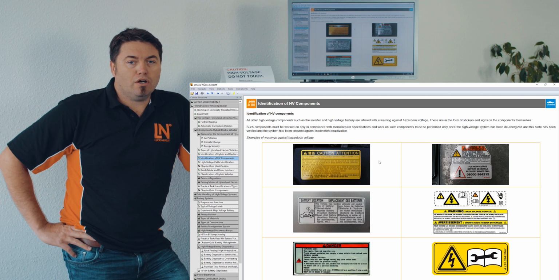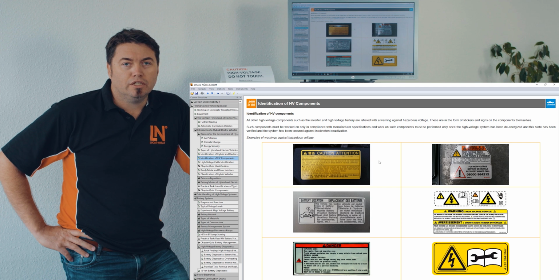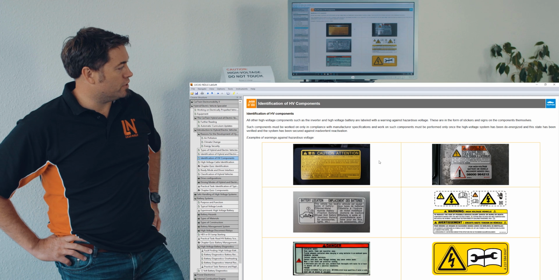Within the vehicles themselves, once you open the hood or the trunk, or look under the seats, you might begin to see some of the various other symbols that we see here.